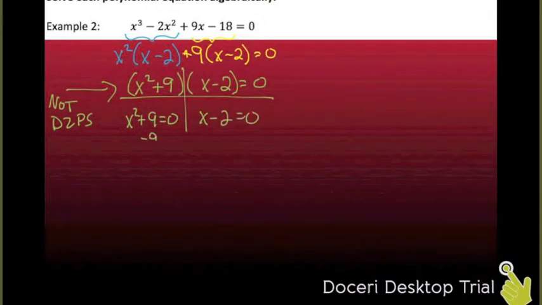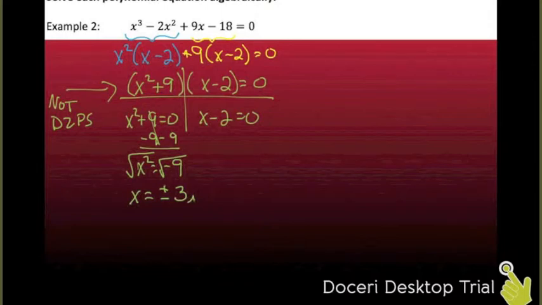So you're going to subtract 9 here, and you'll have x squared equals negative 9. When we take the square root of that, we're going to have x equals plus or minus, and the square root of negative 9 is 3i. Over here, we're going to add 2, and we'll end up with x equals 2.